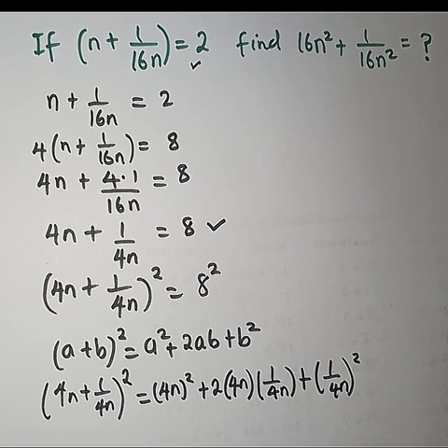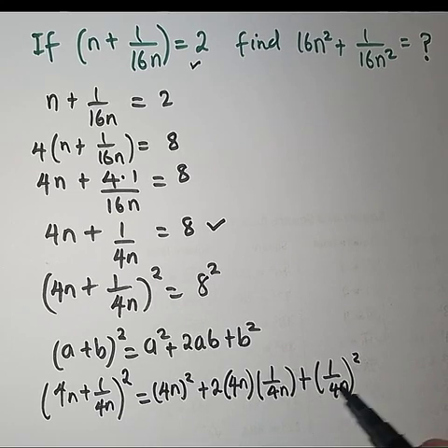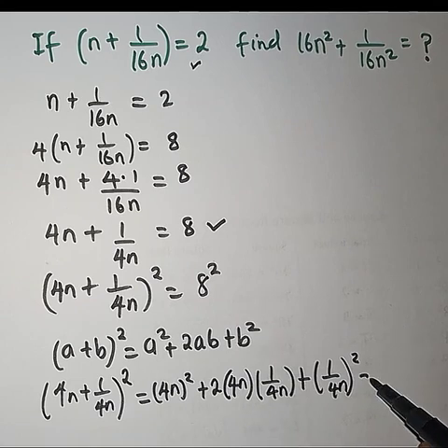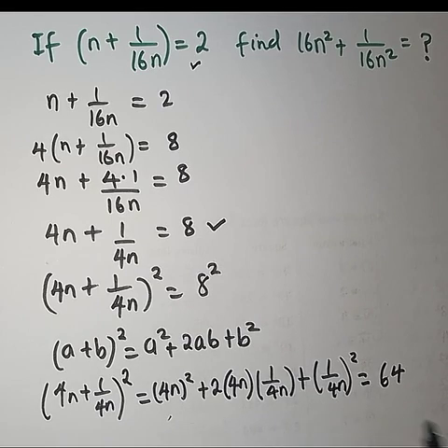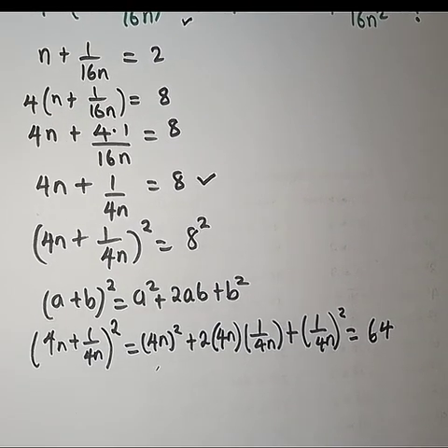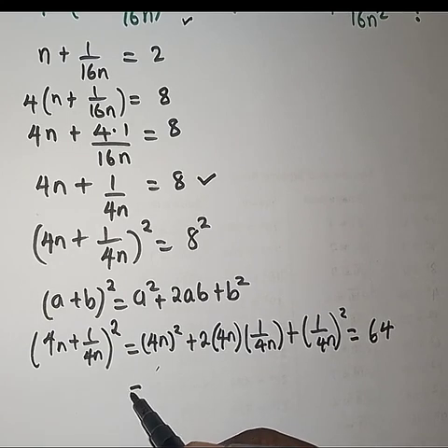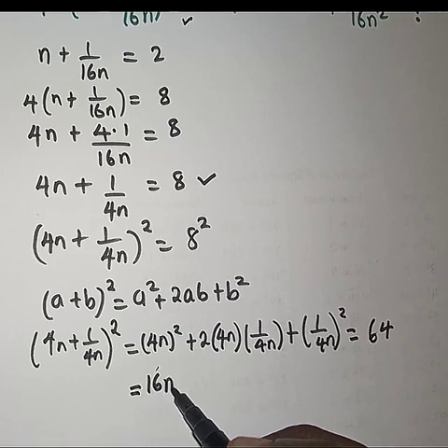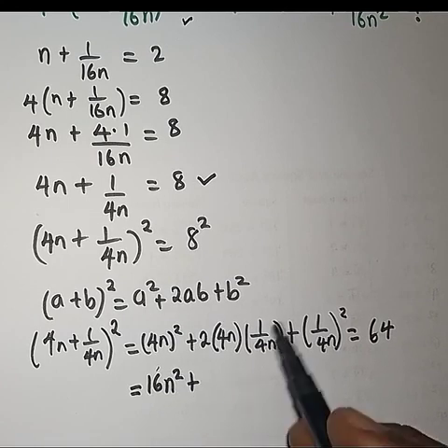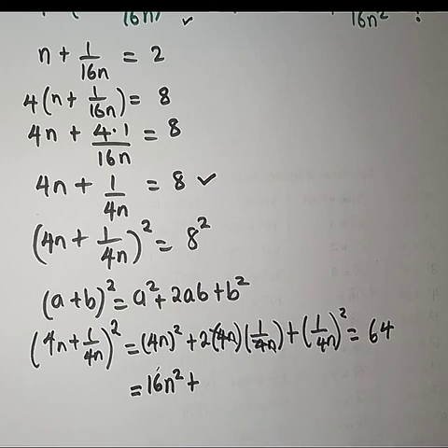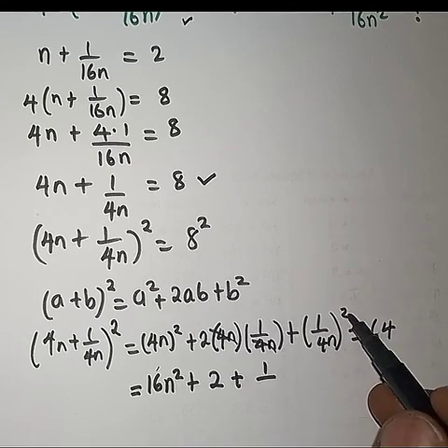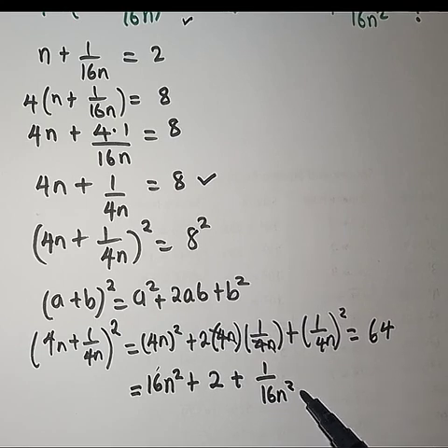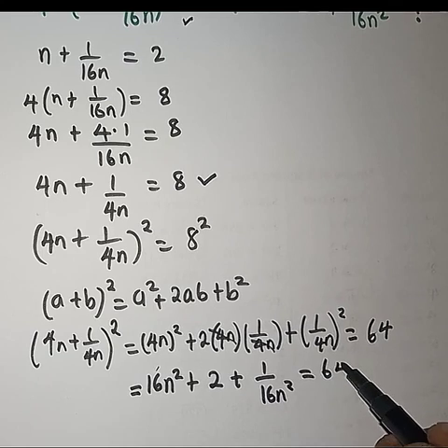Are you following? So now from there, the next thing is, don't forget that here is equated to 64, because 8 squared is 64. So now we move on. We can see that 4n squared is going to be 16n squared, plus here this 4n, we cancel the 4n, we are left with 2, plus here we have 1 squared is 1, then 4n squared will give us 16n squared, which equals 64.